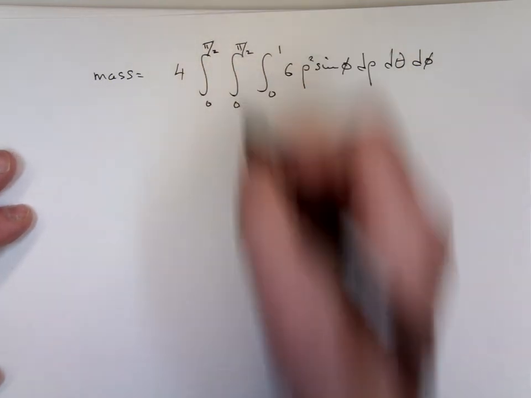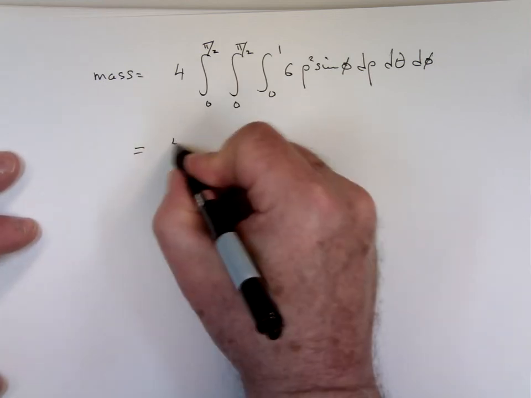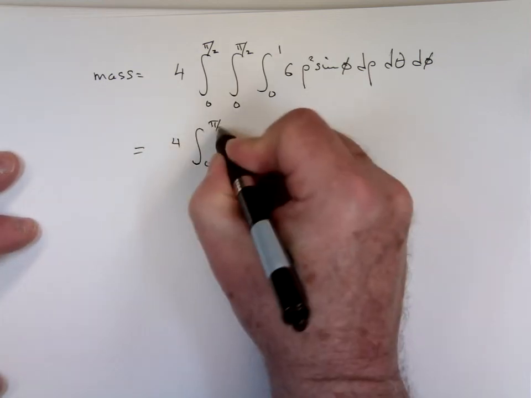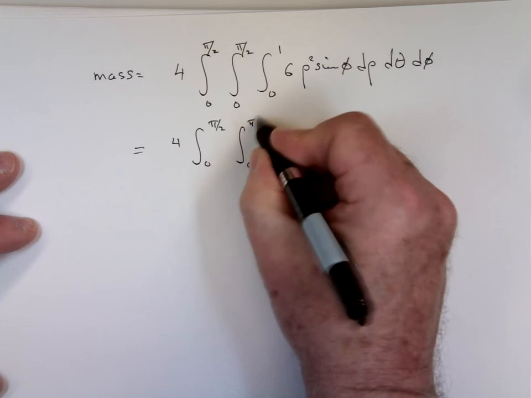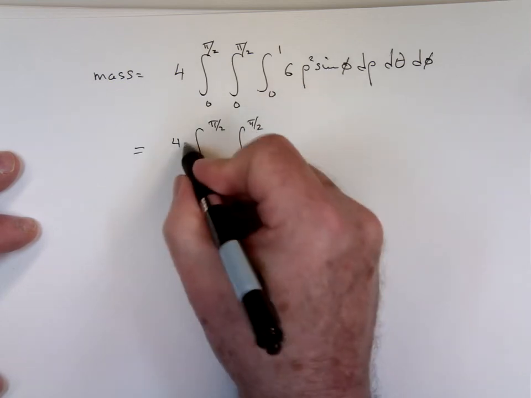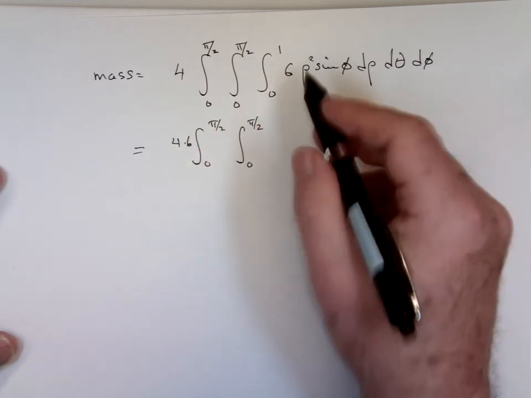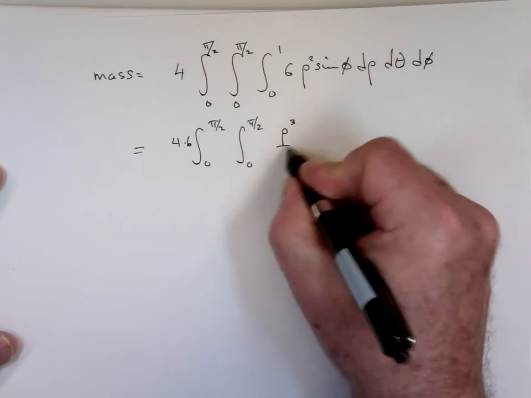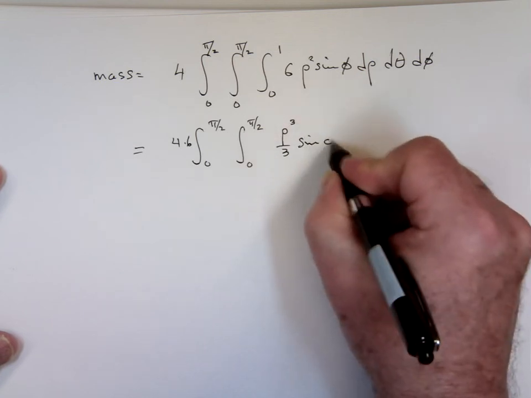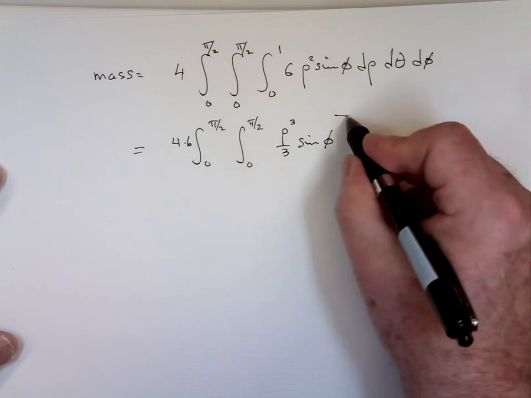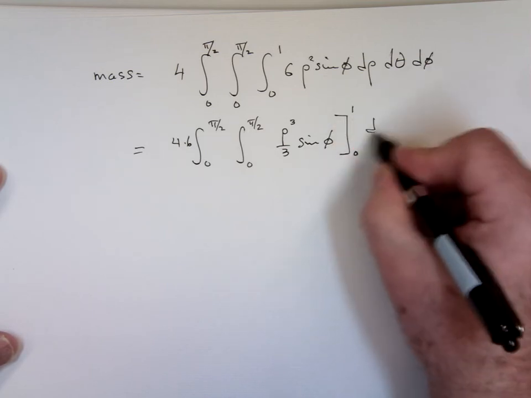Let's do it. So 4 times the integral from 0 to pi over 2, 0 to pi over 2. We can take the 6 out too. We've got rho cubed over 3 sine phi from 0 to 1, d theta d phi.